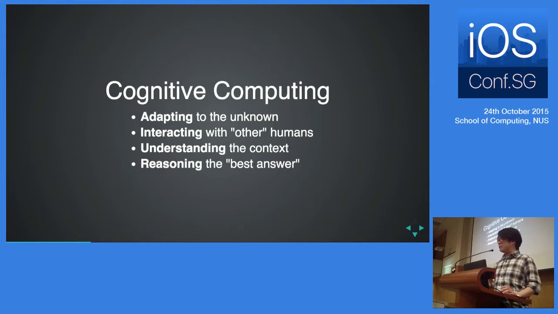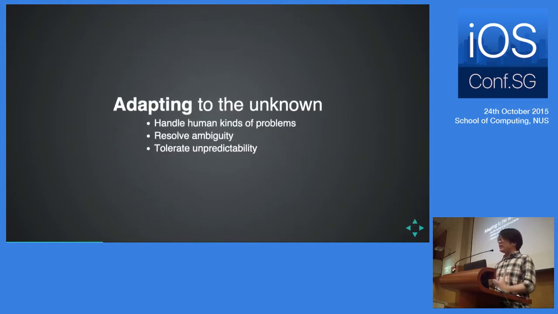Cognition is all about adapting to the unknown: learning, adapting, handling human kinds of problems. As a developer, it's not just ones and zeros now. It's something you are creating to handle human kinds of problems, to resolve ambiguity. And that's what the real world is all about, resolving ambiguity and unpredictability.